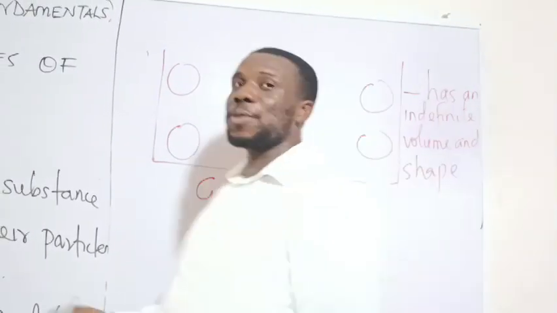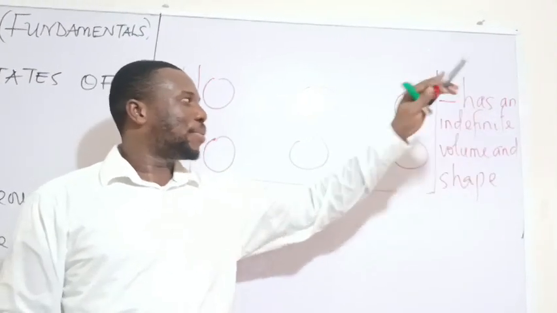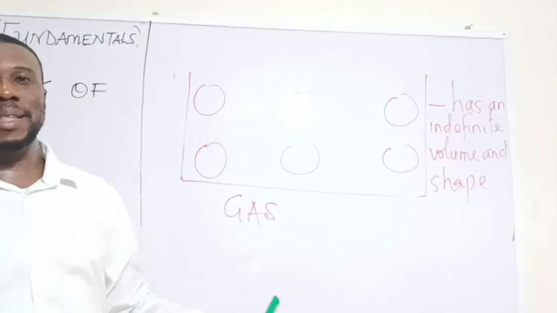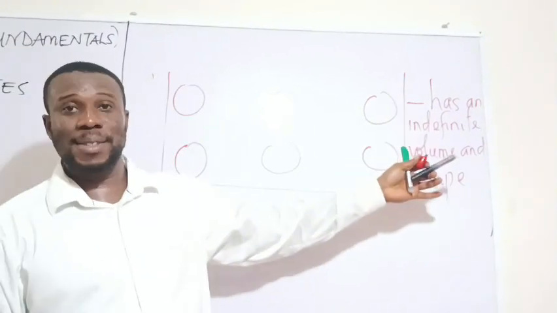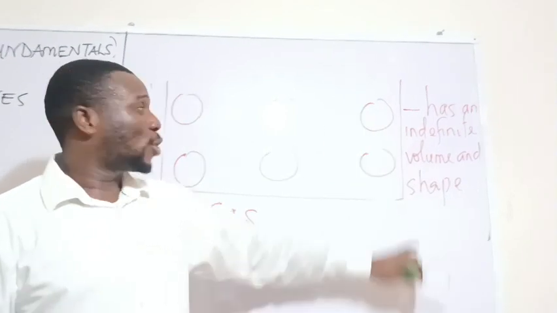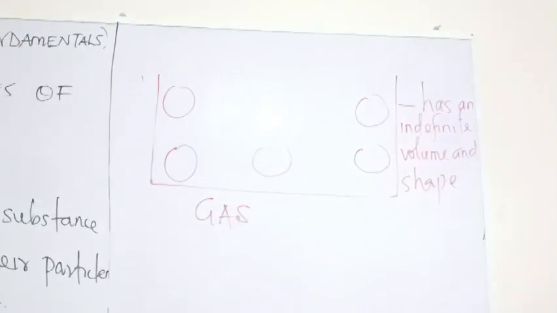So take any gaseous substance, it will always take the shape of its container. And of course, it could expand to any appreciable extent when heated up. So the volume is not really a fixed volume.